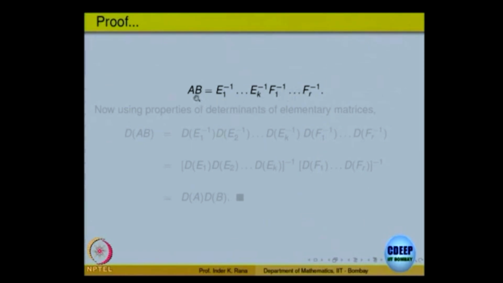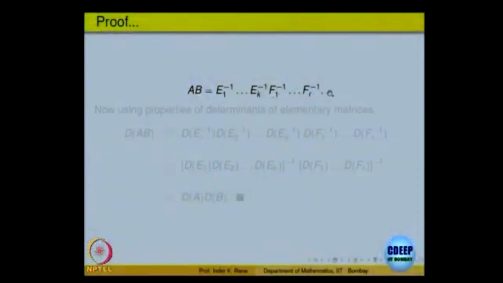So now let us apply the determinant of the product. Compute the determinant of both sides. The determinant of AB will be equal to the determinant of the right hand side, but the right hand side is a product of elementary matrices. Remember we remarked earlier, if E is elementary, its inverse is also an elementary matrix.